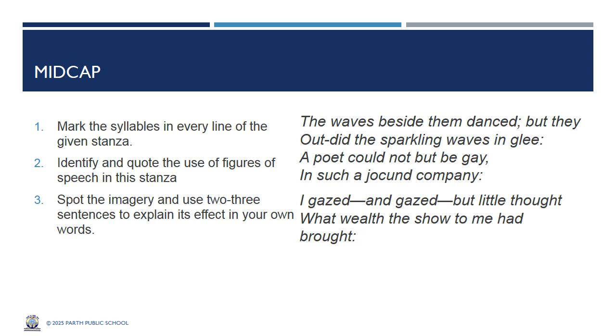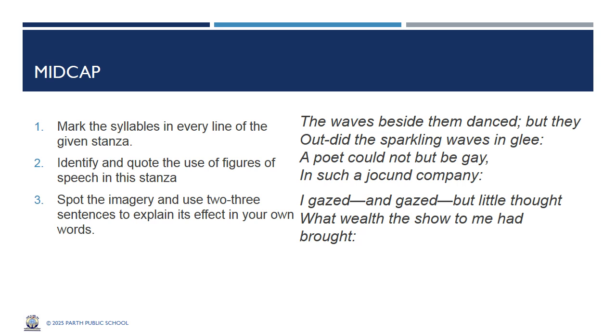Now here is a mid recap for you before we proceed any further. These are a few questions. I'm just giving you this third stanza. You mark the syllables in each line and see if you can find 8 syllables in every line. Next, you have to identify the figures of speech only in this stanza, out of all the figures of speech that you have done in your class, right?